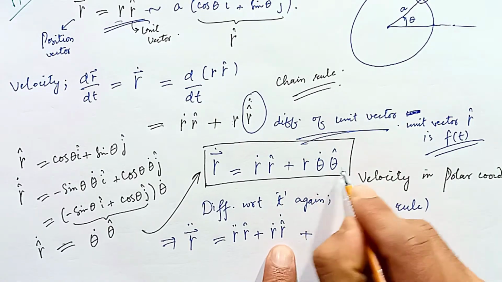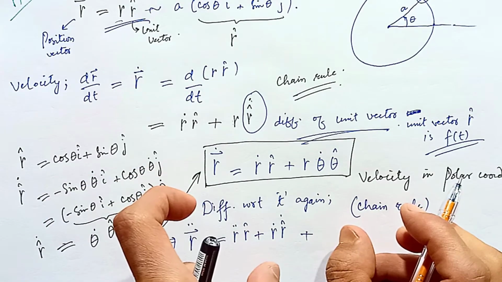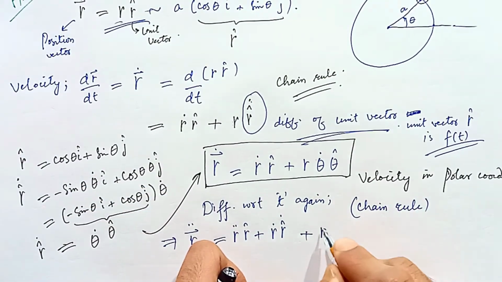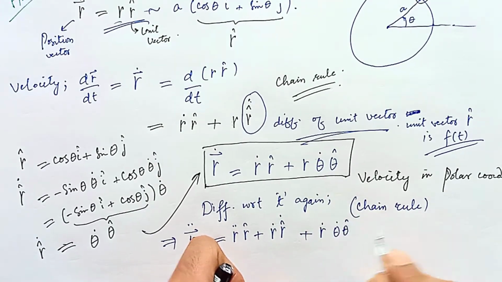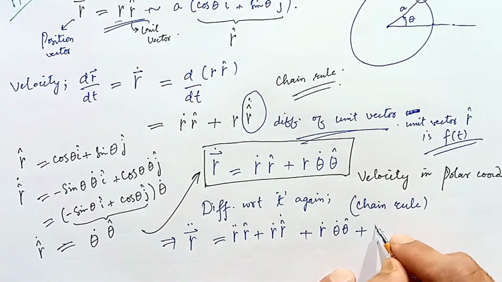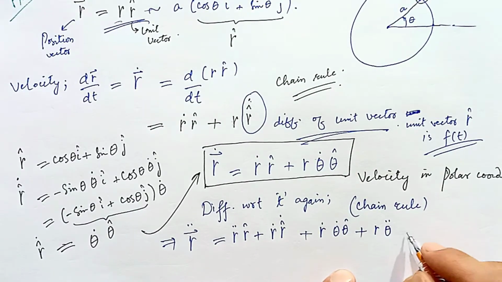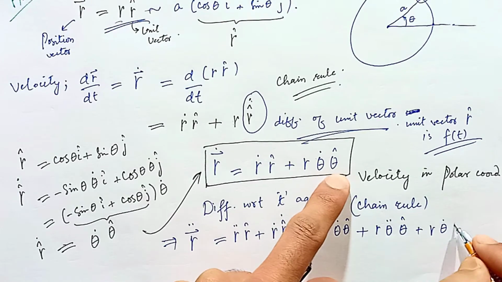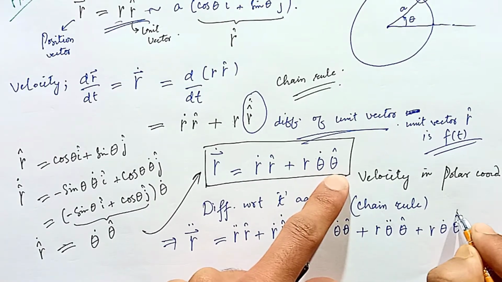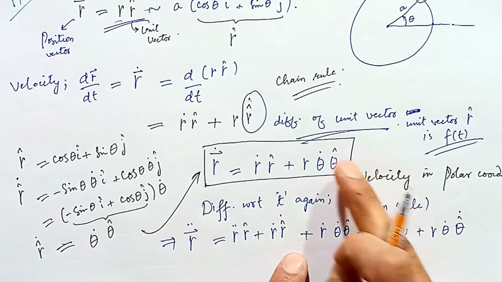These are now three terms, so we apply the chain rule three times: r dot theta dot theta hat, plus, differentiating the second one, theta double dot theta hat, plus, differentiating the third term, theta dot times theta hat dot. This is the chain rule for this expression.